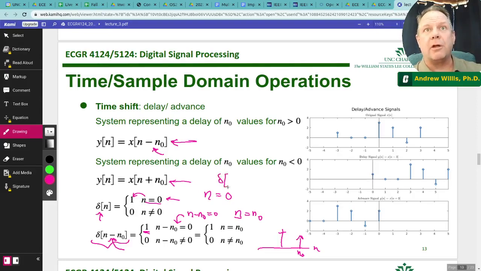The brain teaser is, this is delta of n squared minus 2n plus 1. Where does this delta function take on the value 1? And what's our process for solution?